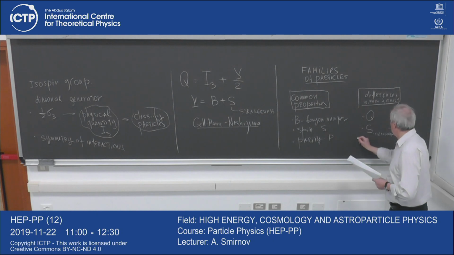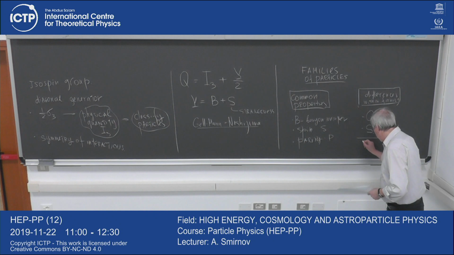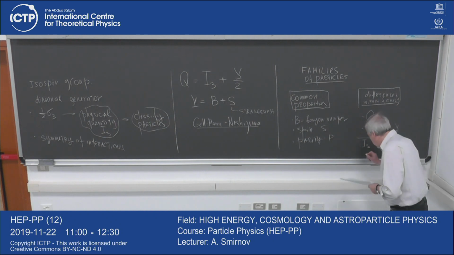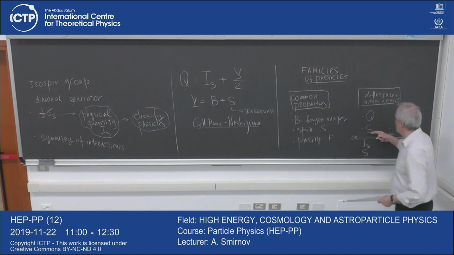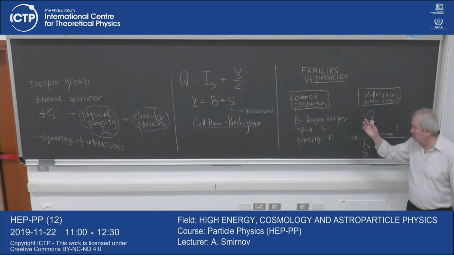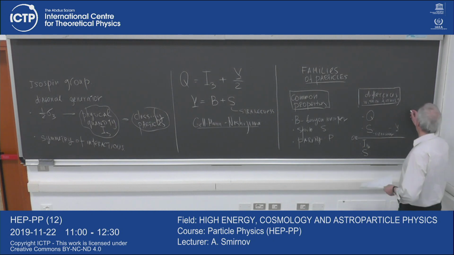So you can also use, instead of these two, because of this relation, the third projection of isospin instead of electric charge and strangeness. So you can use these two, or these two, and due to these relations, they are connected. What about the mass? The masses are different. Yeah, of course, I mean quantum numbers.